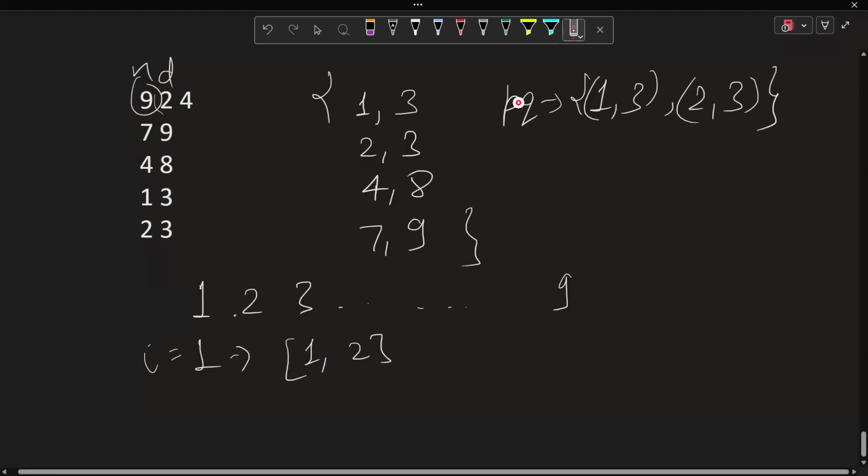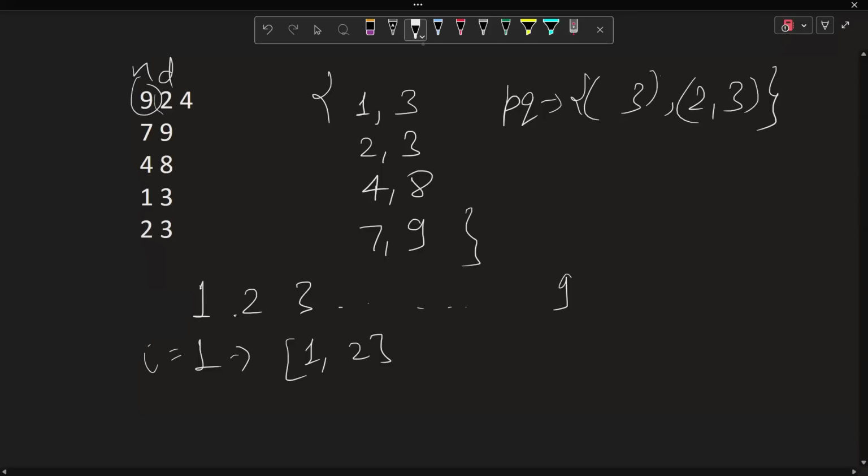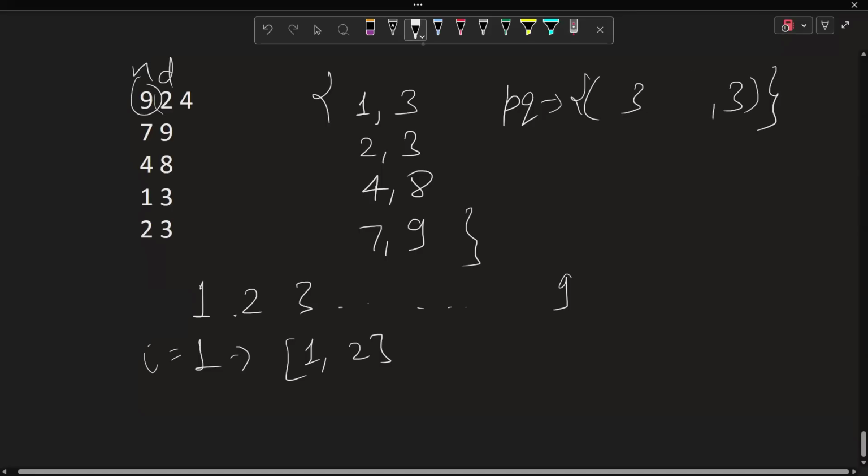They would be arranged on the basis of the priority of the ending points. Actually we only need the ending points, because once they are pushed, their starting point does not matter, only their ending point. So I'm just putting the ending points into my priority queue, so it's 3 and 3.